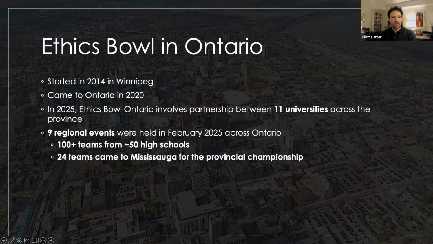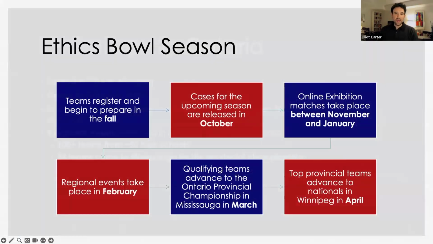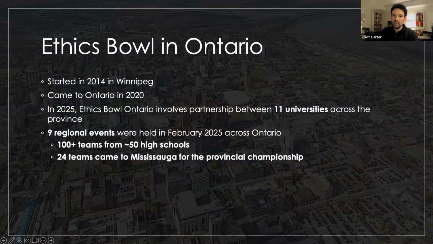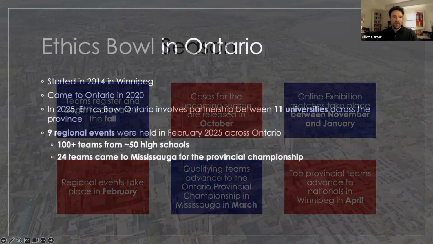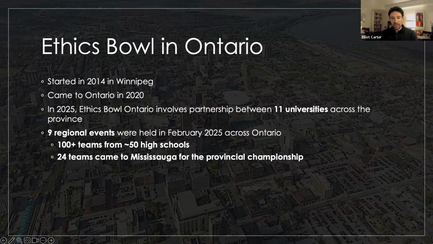my predecessor in this role at University of Toronto, Mississauga, where in 2025, the Ethics Bowl in Ontario involves a partnership between 11 universities across the province. We had 9 regional events in Ontario in 2025. These took place in February, and these involved in total over 100 teams from about 50 high schools.